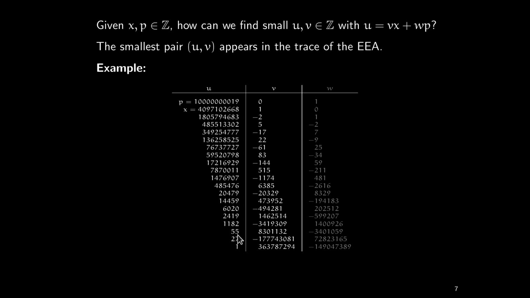Okay, so there's one row where the sizes of the two entries are somehow balanced. And that's this green row. Here you see this number is roughly as big as this number, in the sense that if you take the sum of the absolute values of the two numbers, then it is minimized here.